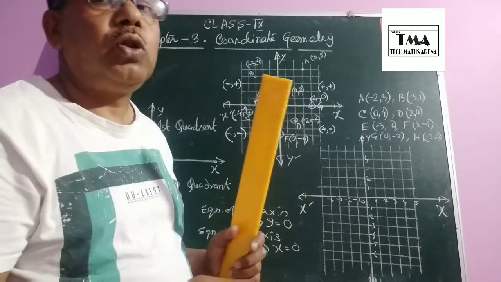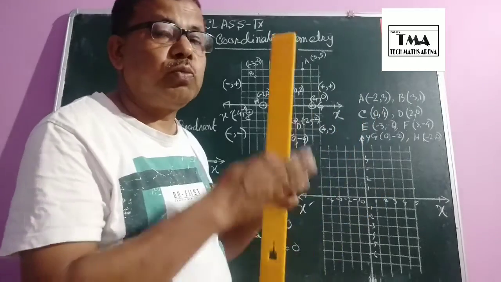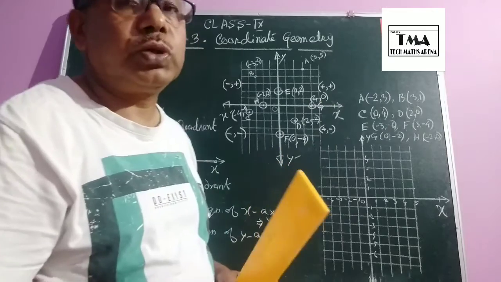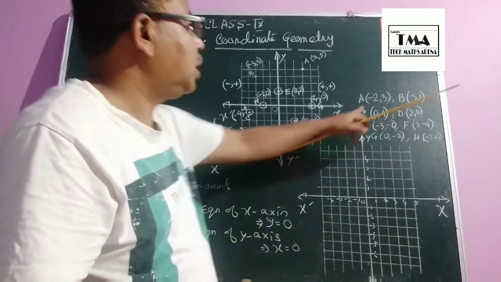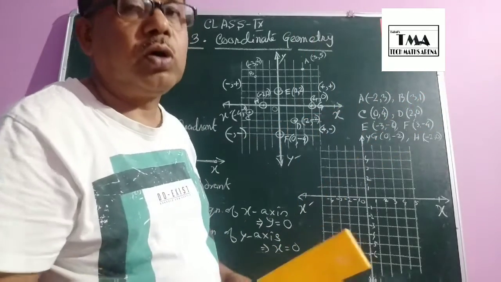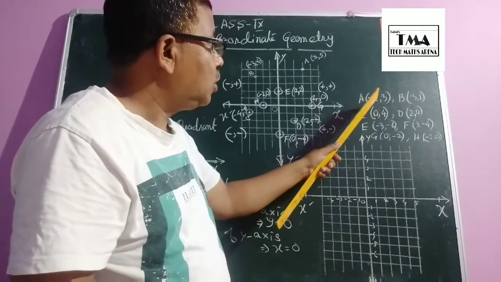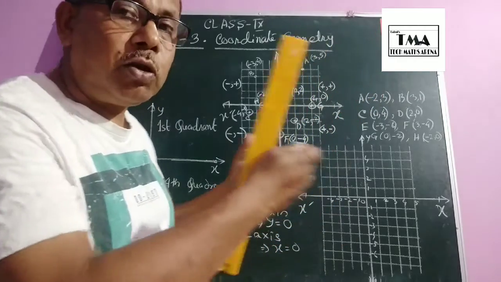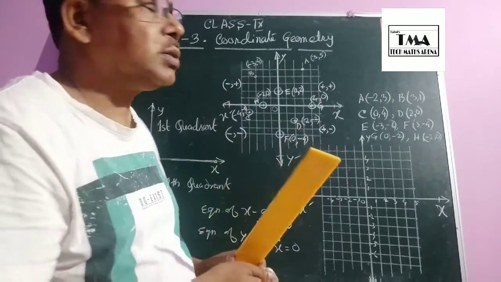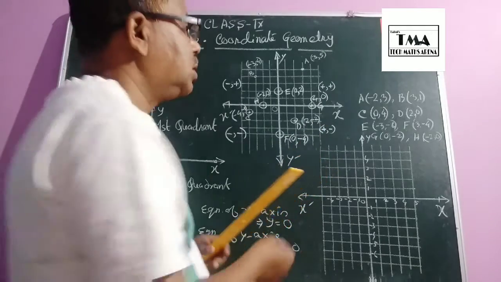Now we have to locate, that is, plot these points. At first, the point (-2, 3). The distance of the point from the y-axis is 2 units, but along the negative x-axis.